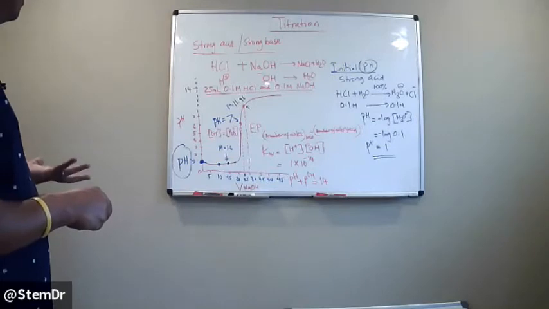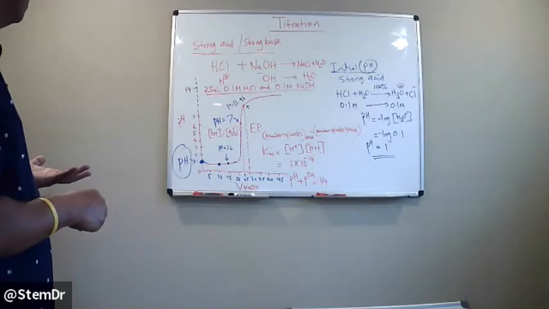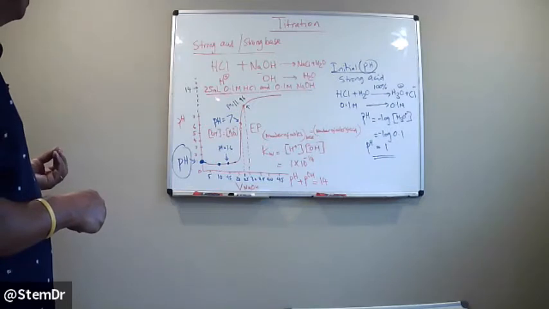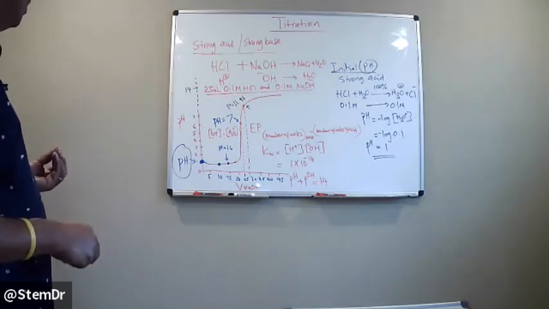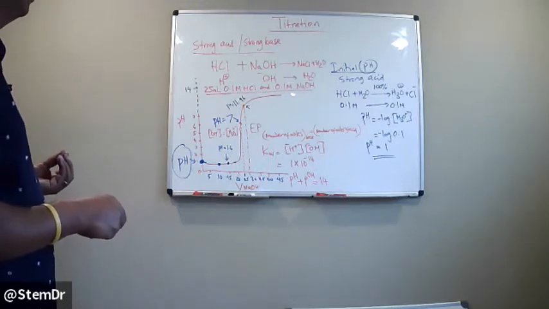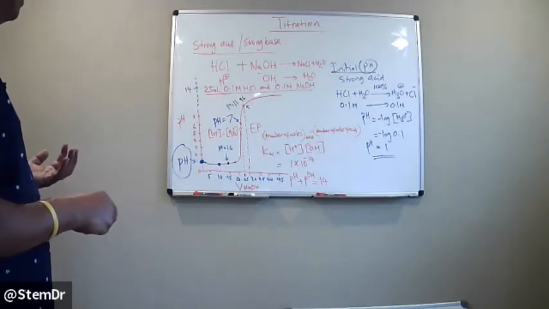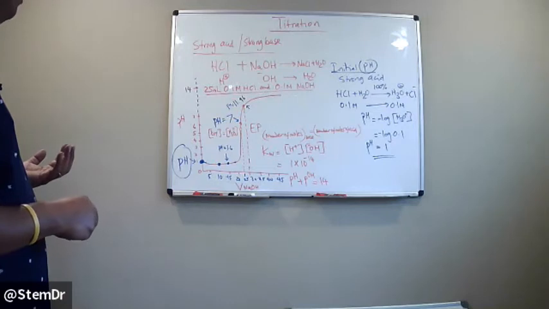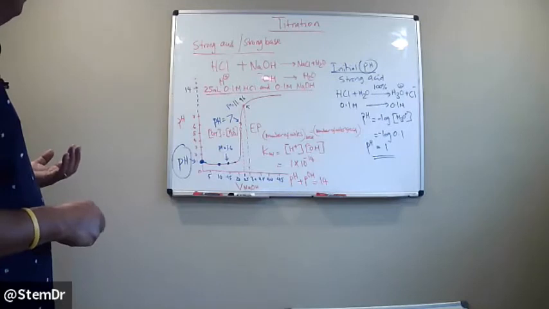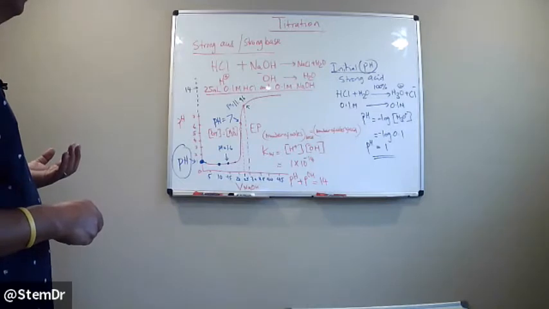Basically, what is the excess amount I added? From the neutral point, the total I have is 25 times 0.1, which is 2.5 millimole, but I added 30 ml, which is 3 millimole. I have added 3 millimole of sodium hydroxide already, but what I have as a maximum is 2.5 millimole. 3 millimole minus 2.5 millimole is 0.5 millimole of excess sodium hydroxide in the solution.